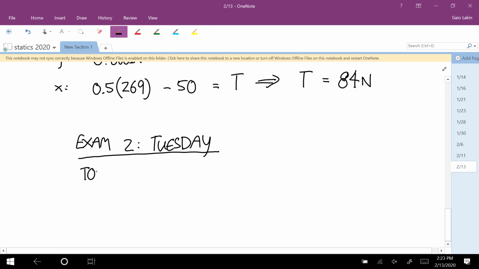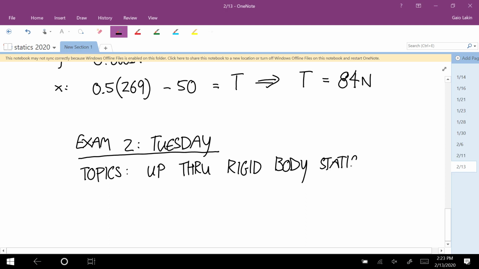The topics for exam 2 are everything up through rigid body statics number 8. That means there's no 3D rigid body statics.